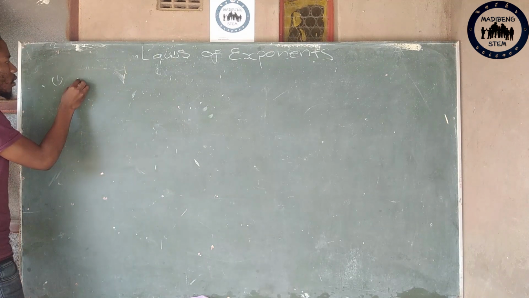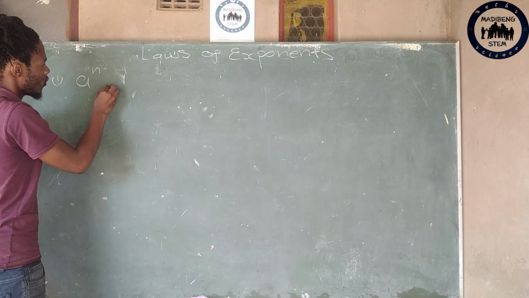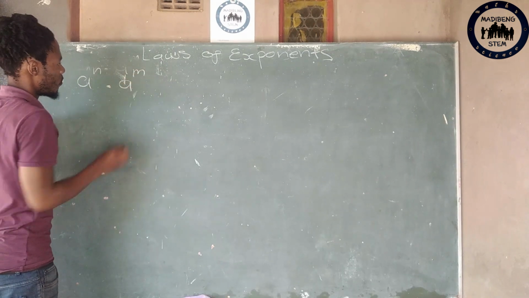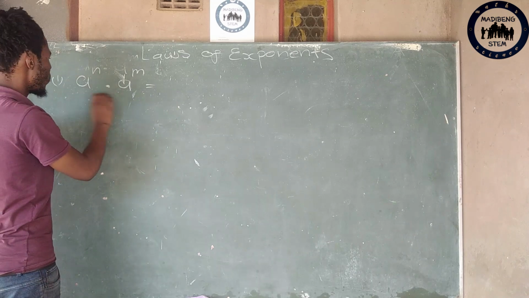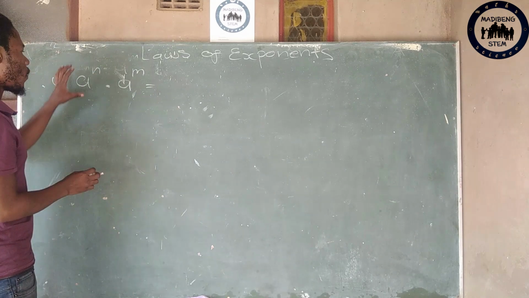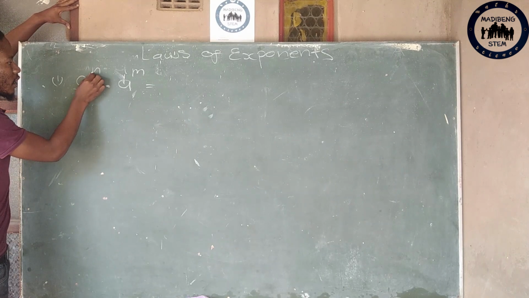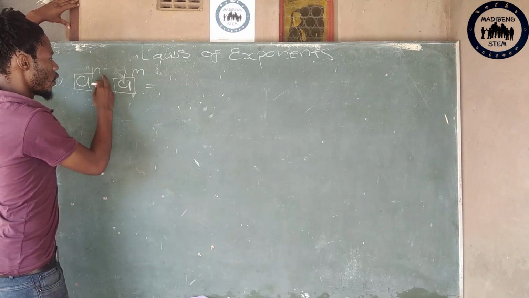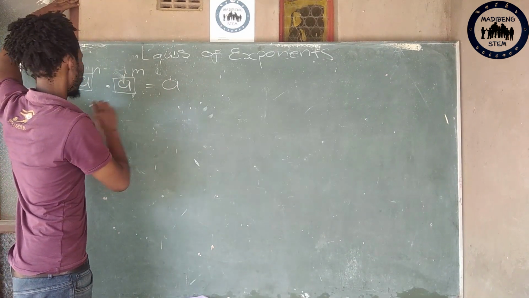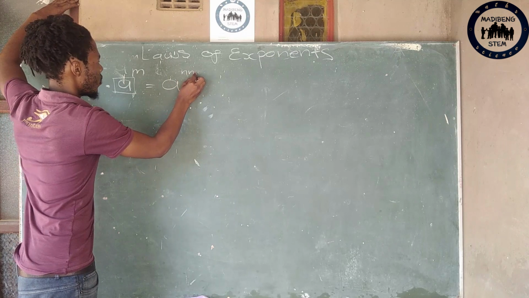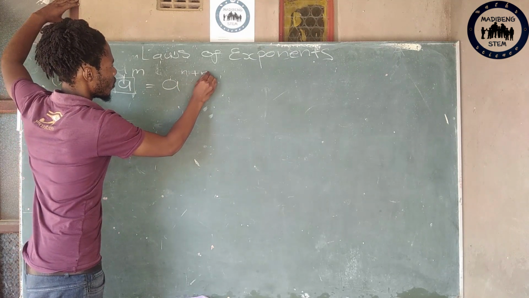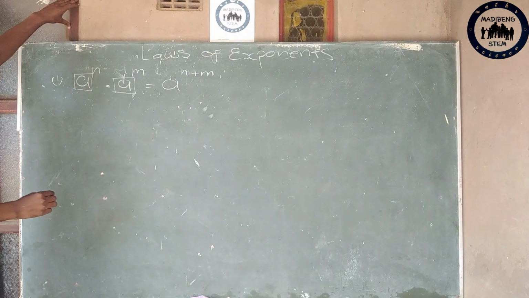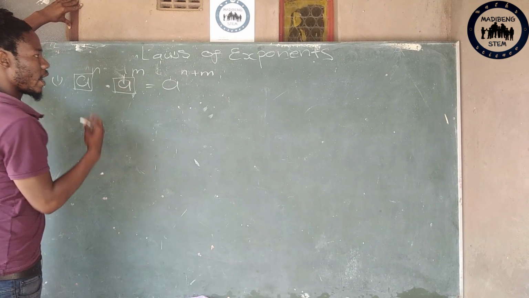You see, we have the same base here. When I multiply powers of the same base, I add my exponents. So you see, n plus m, I added my exponents.